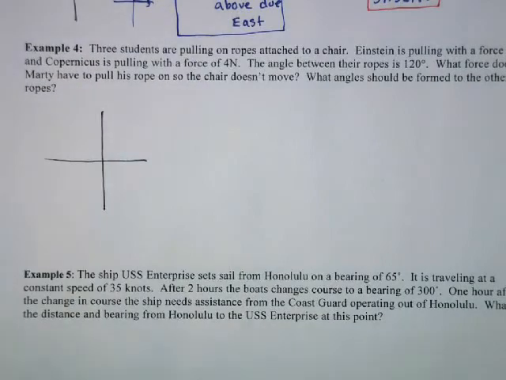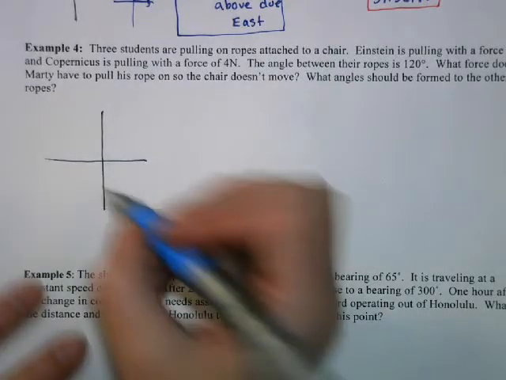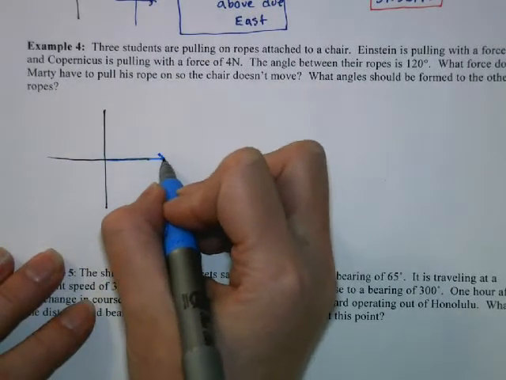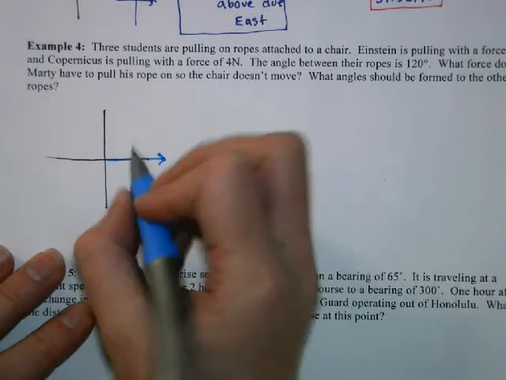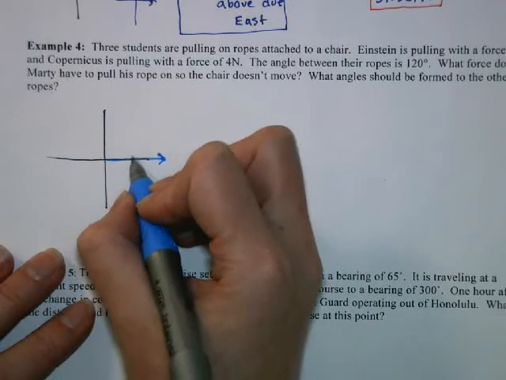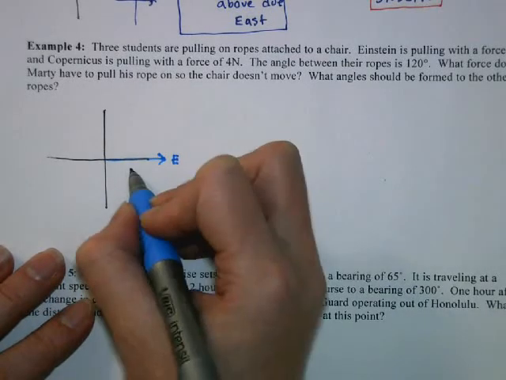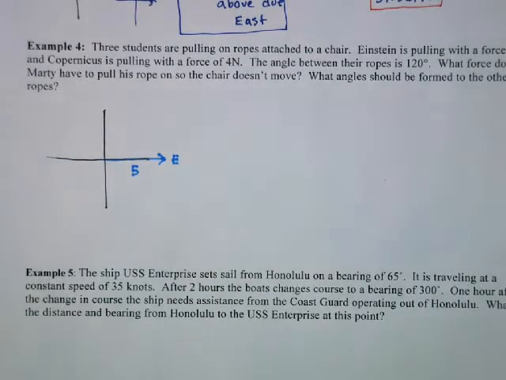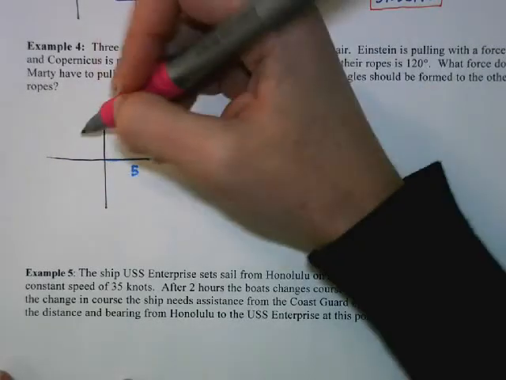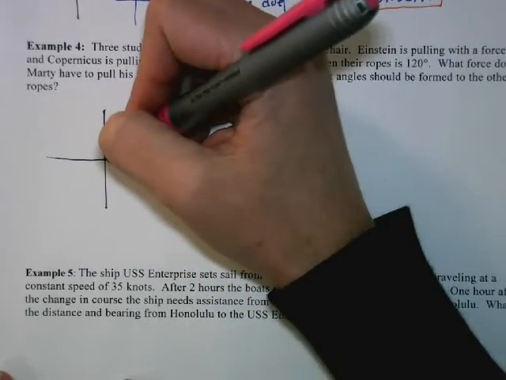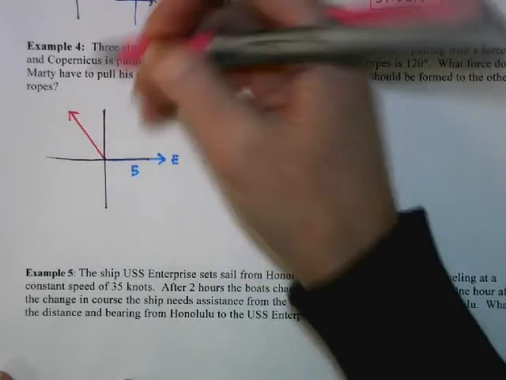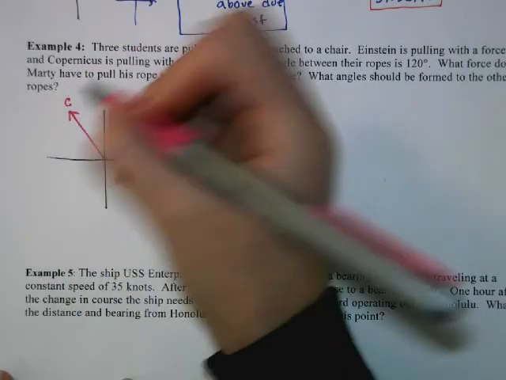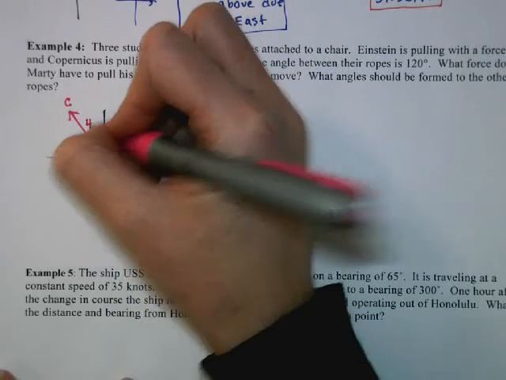To make my life easier, I'm just going to put one of them on the positive x-axis. Okay, so I'm going to say this is Einstein, and he's pulling with a force of 5 newtons. Then we have Copernicus pulling with a force of 4 with an angle between them of 120. So that's Copernicus. He's pulling with a force of 4.